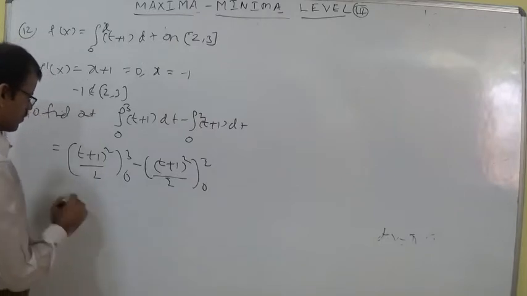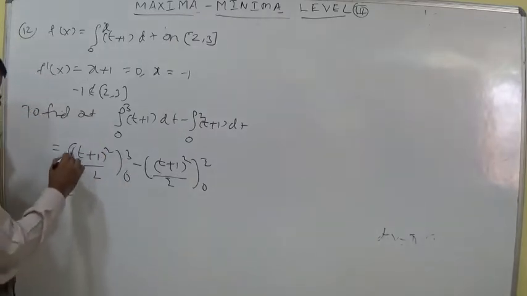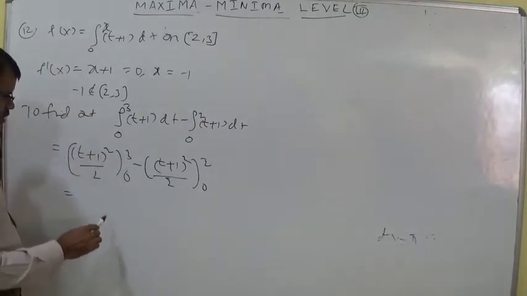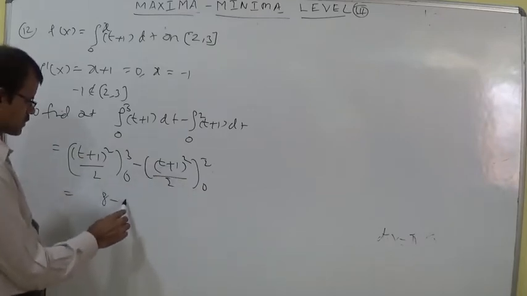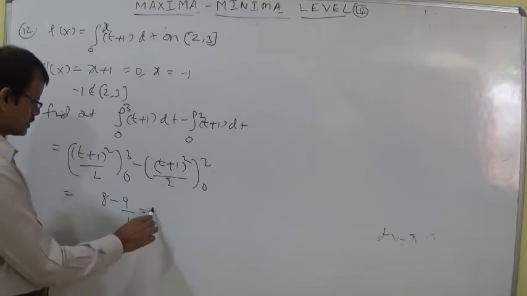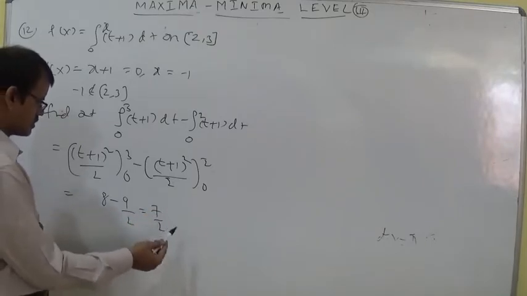Upper limit: 3 plus 1 is 4, whole square 16 by 2 is 8, minus 2 plus 1 whole square 9 by 2. 8 is 16 by 2, minus 9 by 2 is 7 by 2.